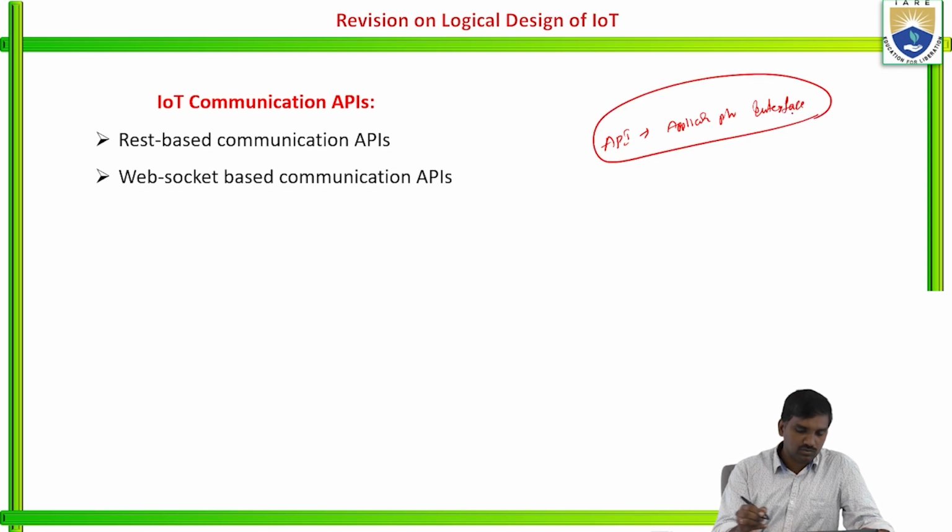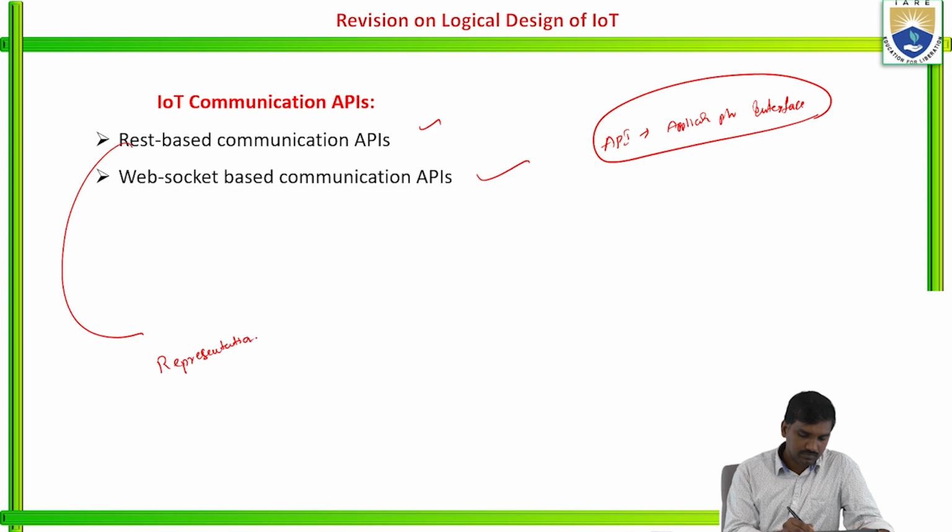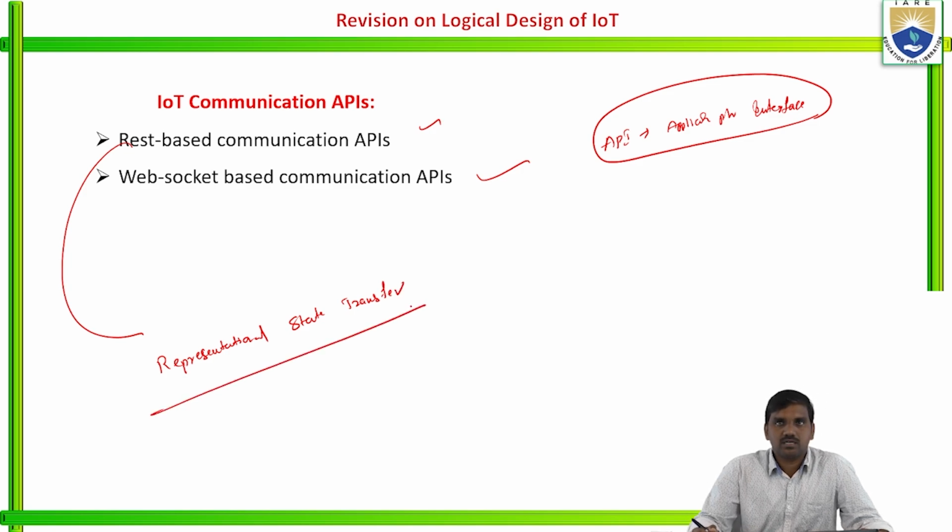The communication APIs are the REST-based communication API and the WebSocket-based communication API. REST stands for representational state transfer. That is one of the communication APIs, and the remaining one is the WebSocket-based communication API.